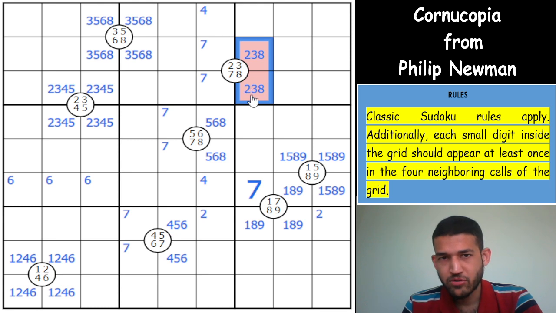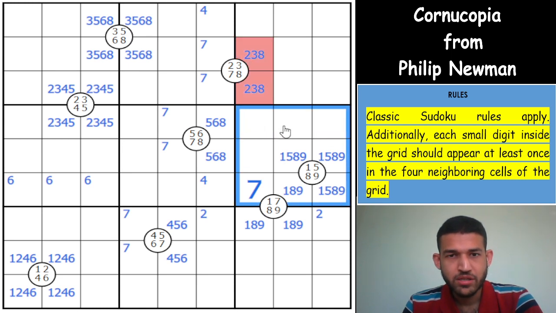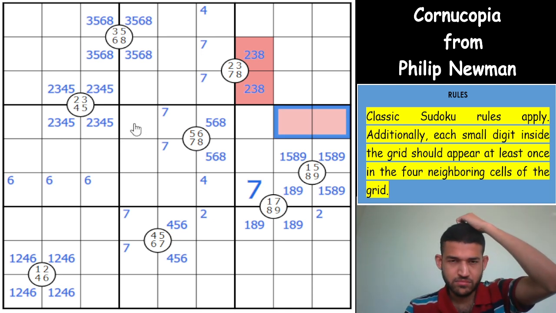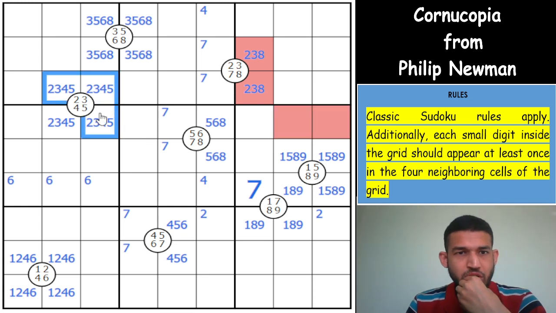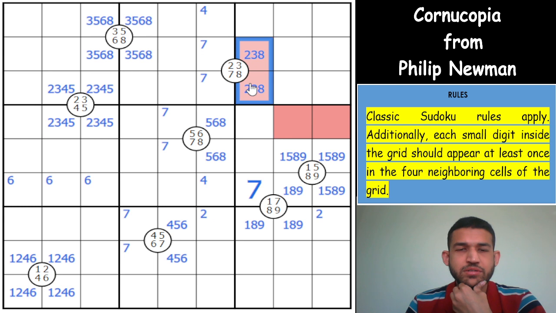Even if we were to assume that 8 is in one of these 2 cells, we would most certainly know that 2 or 3 must be in this cell, and which means in this box the 2 or 3 must go inside here. And we also have a 2 or 3 here, right? So let's say I have a 2 here, I get the 2 in here, and I get the 2 in here.